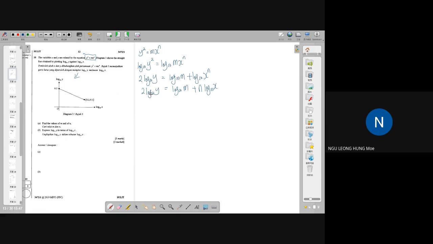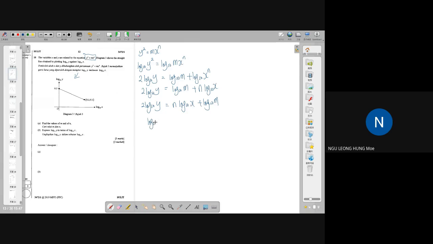Now we rearrange it to log 10 y equal to n log 10 x plus log 10 m, and then 2 kita divide. Nanti later on I will explain to you why we divide on both sides with 2.